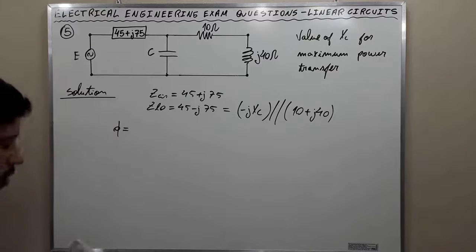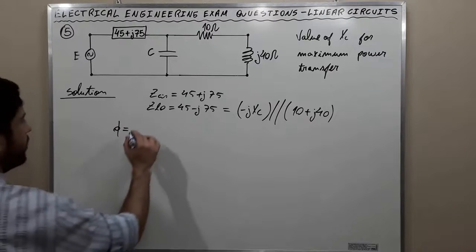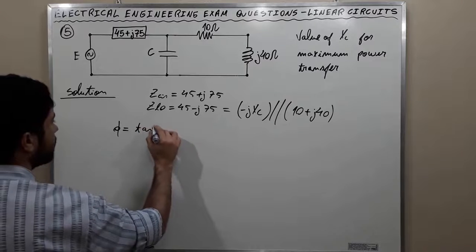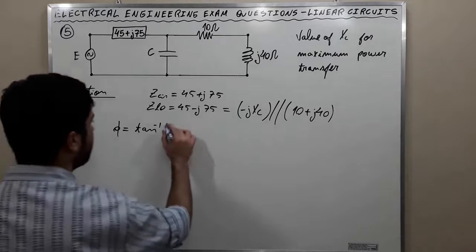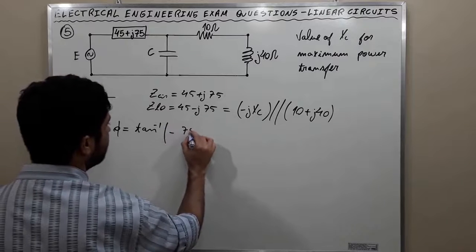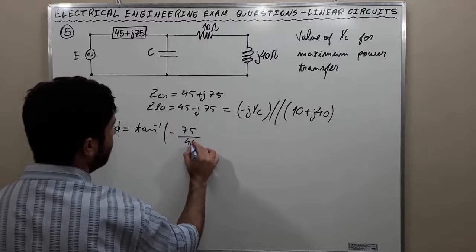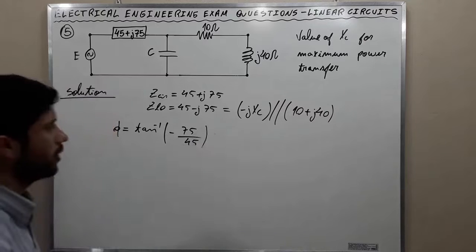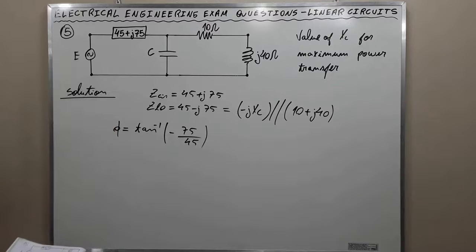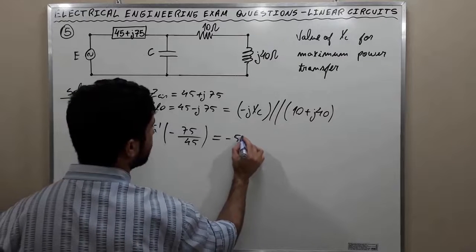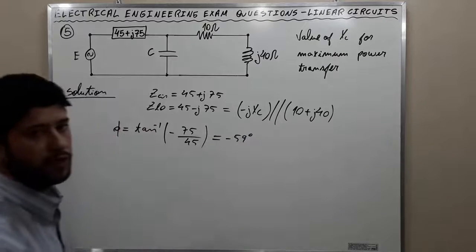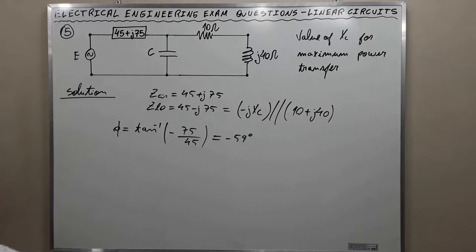The angle of the load is going to be the inverse tangent of negative 75 divided by 45. And this angle here is negative 59 degrees. Okay?